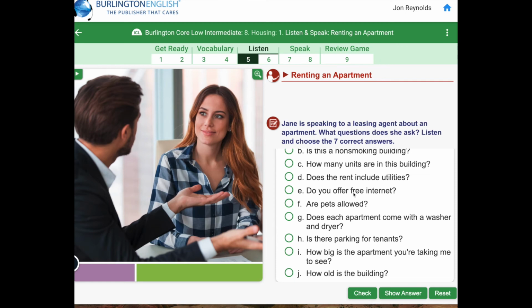Are pets allowed? Does each apartment come with a washer and dryer? Is there parking for tenants? How big is the apartment you're taking me to see? And finally, how old is this building?